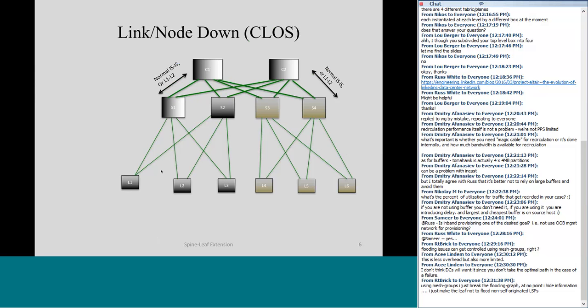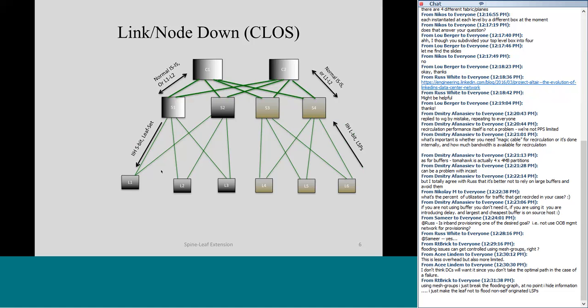We assume that above the spine layer, above the aggregation layer, we are running a normal IS-IS IGP. And it can be multi-level, like the bottom two layers running level 1 and the top two running level 2. We can scale out like this.